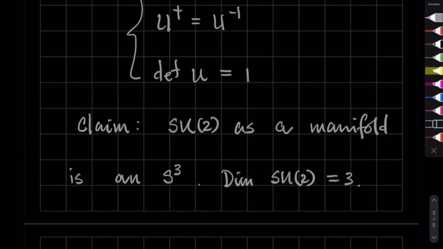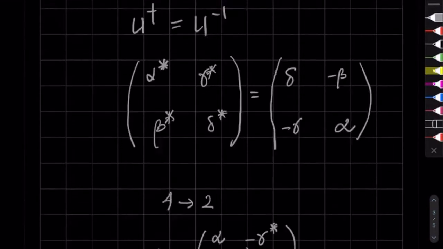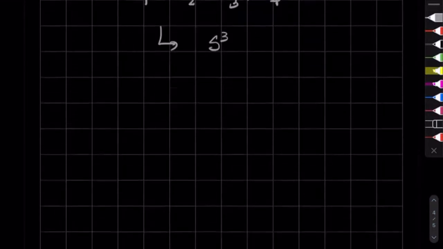Yes, sir. Okay, good. So now, since SU2 is a unitary matrix, I can write U as e to the power i, 3 parameters, theta A, T A, where there's a sum over A, and A goes from 1 to 3.